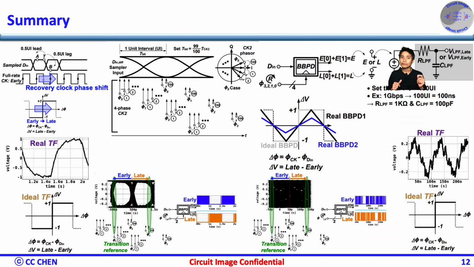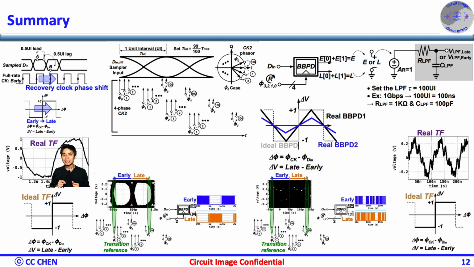The only way of checking the bang-bang PD with a closed eye is to put all the early/late bit streams through a low-pass filter of 100 UI time constant to integrate over time. Then, the phase transfer characteristic of the bang-bang PD is generated.